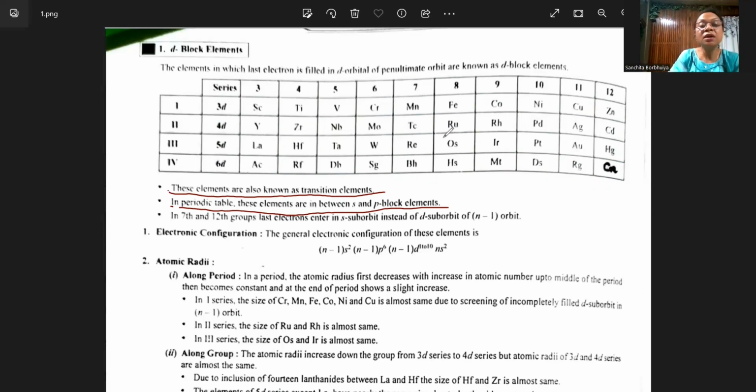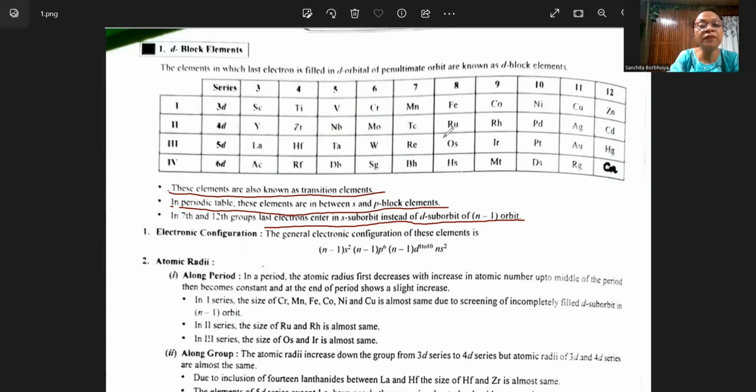In this group, the last electron enters the D subshell of the n-1 shell, while the outer electrons go into the S subshell. That is why they are called the D block elements, because the penultimate shell is filling up the D subshell.